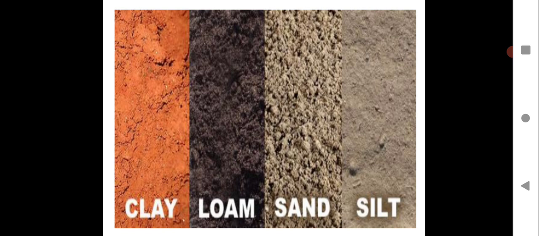That will decide the characteristics of the soil. That will decide how the soil profile is. Dark color soil will indicate more humus, that means organic matter, and you can get beautiful colored soil as well. Just have a look at this.